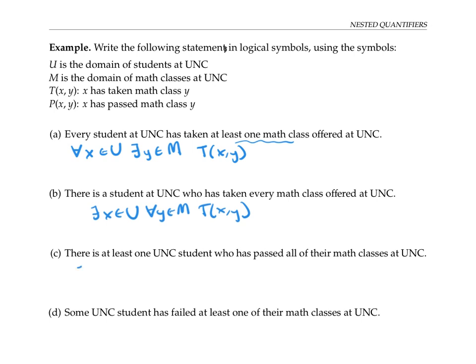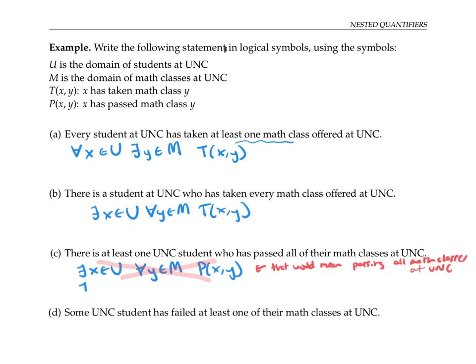In the next example, there exists a UNC student, and they've passed all of their math classes. At first glance, I might try to code this as for all y in M, P of xy, but that's not correct, because that would be saying that there's a student who's passed all the math classes at UNC, and we just want them to have passed the ones that they've taken.